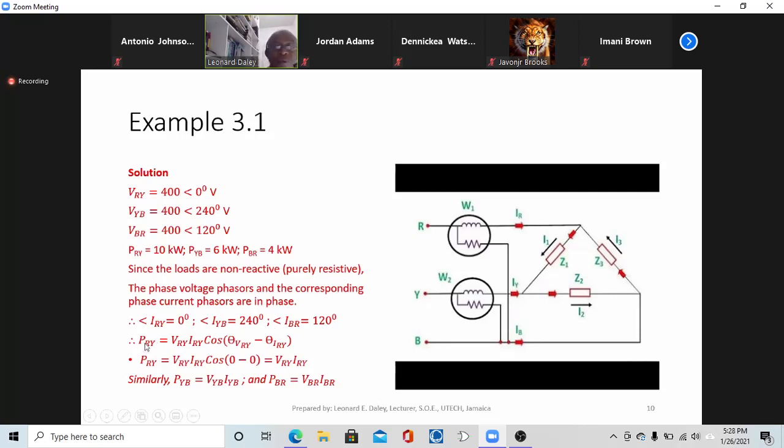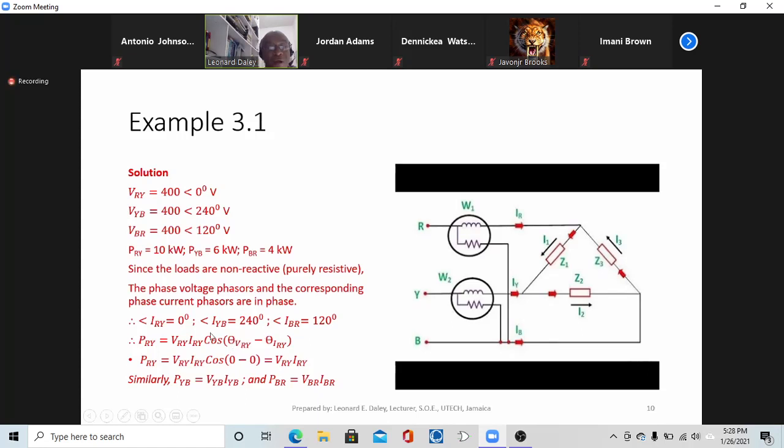So the power PRY then would be equal to VRY, IRY cos theta, where theta is the phase angle for the voltage minus the phase angle for the current. You subtract those, and since they are in phase, same angles, cos 0 is equal to 1.